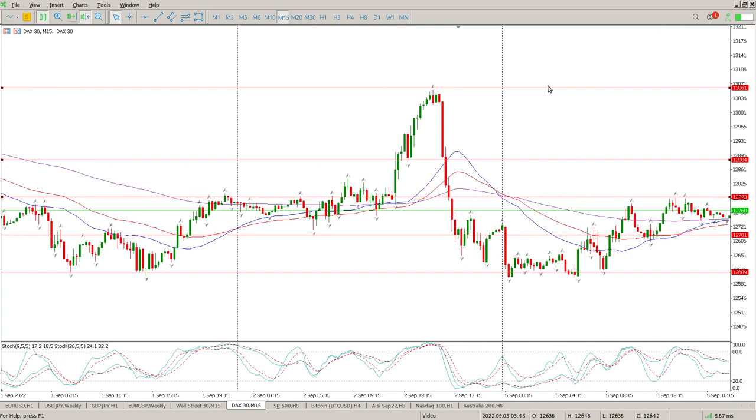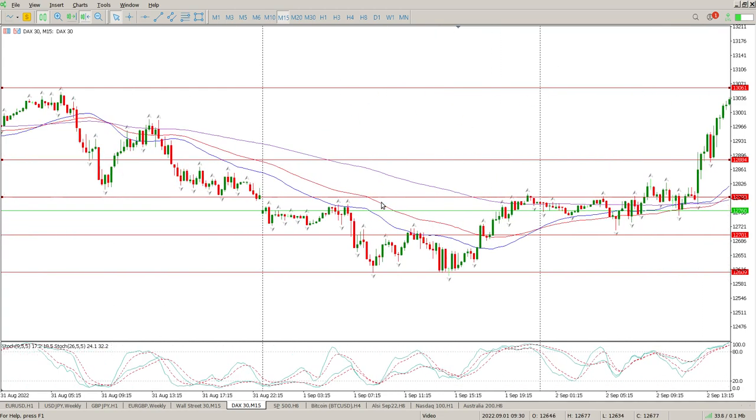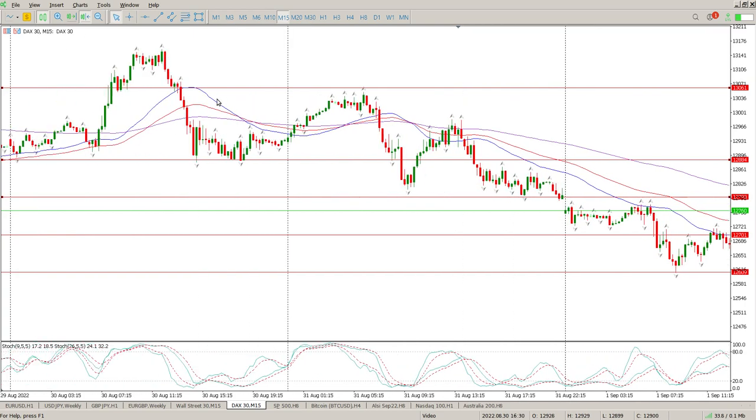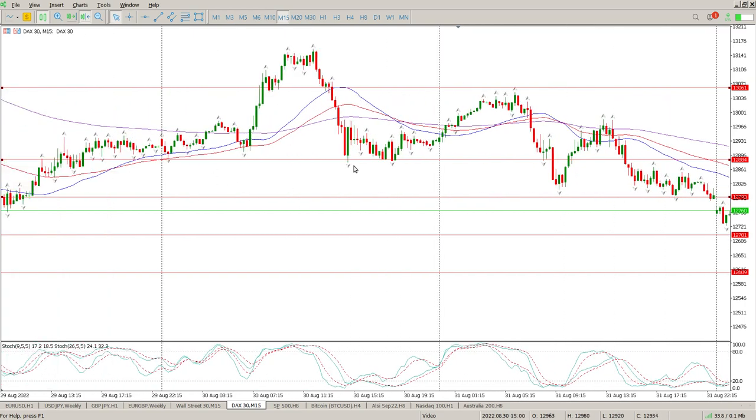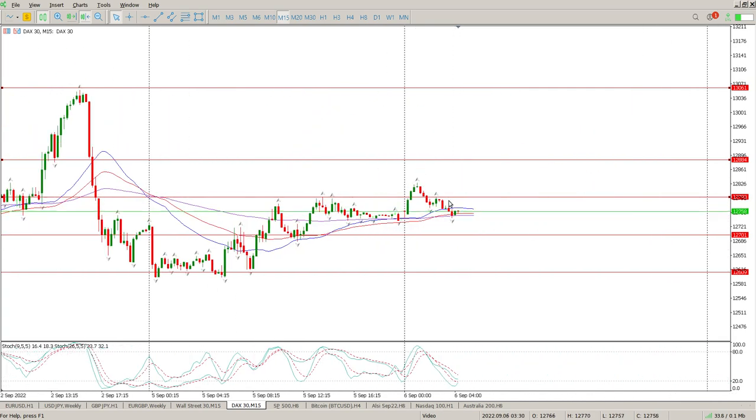So that's kind of the view that you've got. You can see there's nothing really much holding us up in the short term. Even if I swing through the levels, this is the critical one here, which is 12,884. So that's the one that we need to aim for. So that's kind of the view that I've got at the moment. If you look at the moving averages, it does look like we've got a bit of a crossover. So I'm anticipating an uptrend for today.